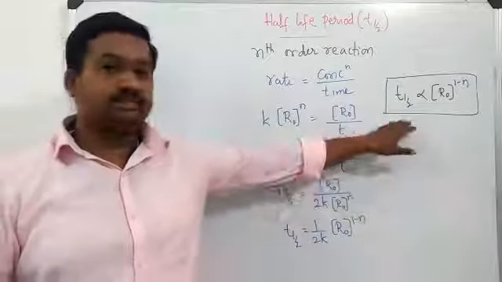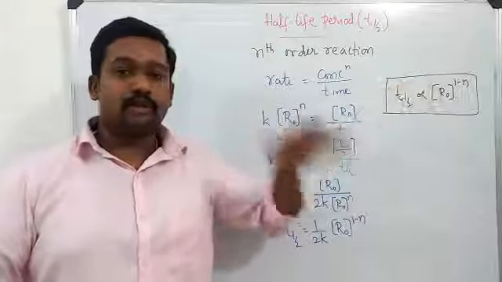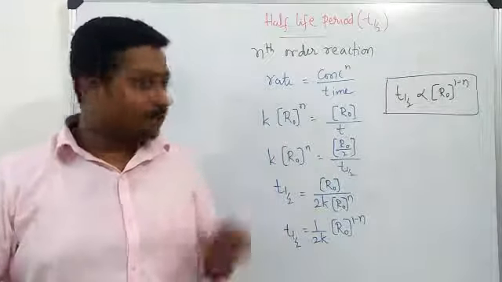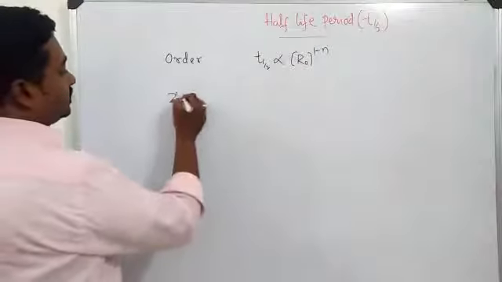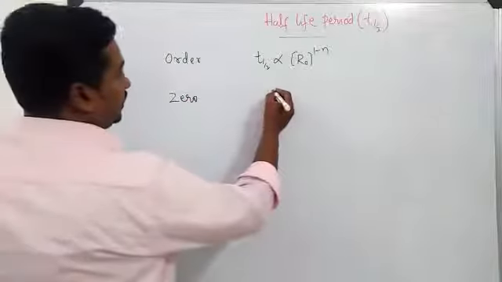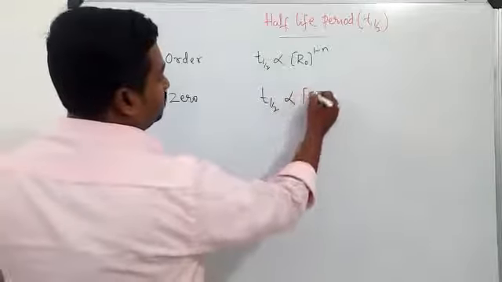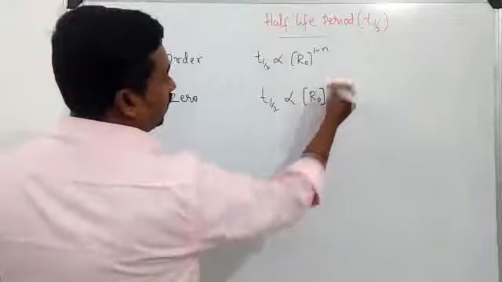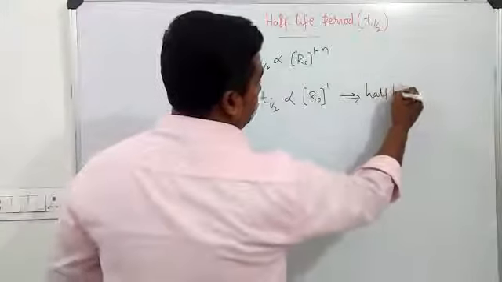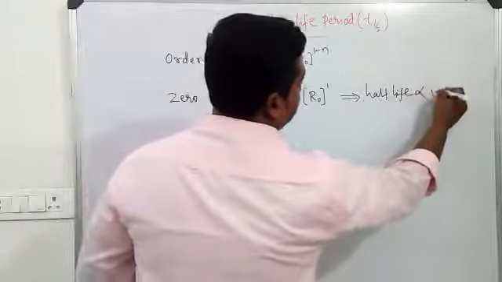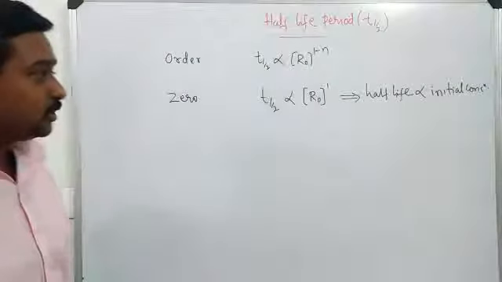Now using this, we will see what the relation between t half and R naught is for zero order, first order and second order reactions. If the order is 0, then the value of n becomes 0, which means t half is proportional to R0 power 1. The meaning of this is that half-life is directly proportional to initial concentration for a zero order reaction.